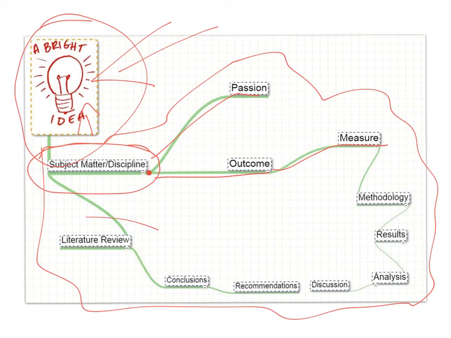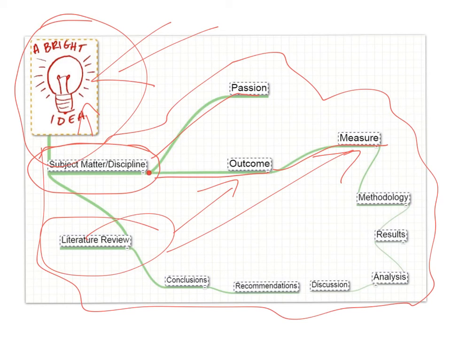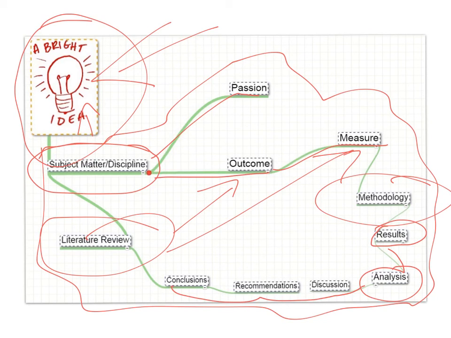Of course, we need our massive literature review to really support our outcome and our measures. And from that, we put the research process into place with our methodology. We receive our results. We analyze our data. We write our discussion, recommendations, and conclusions. And there you have your research process.